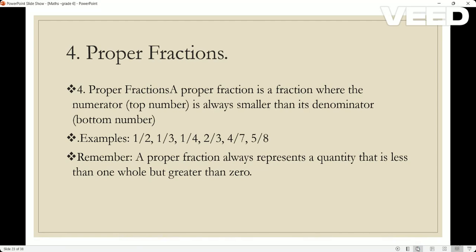There are no fractions like that. Numbers one and greater than one are used to write fractions. They are saying greater than zero, that means zero shouldn't be taken.